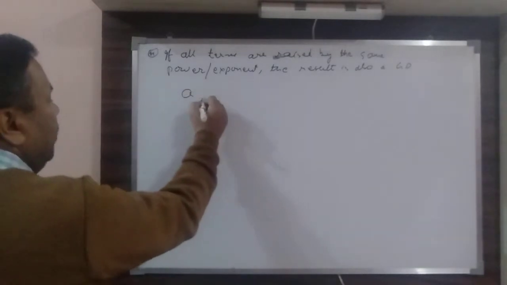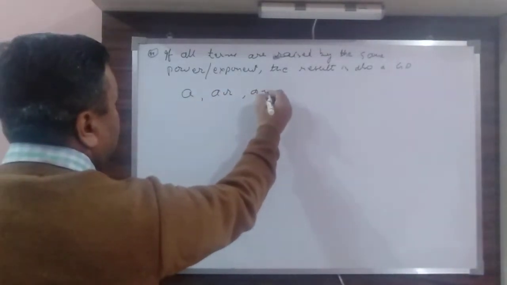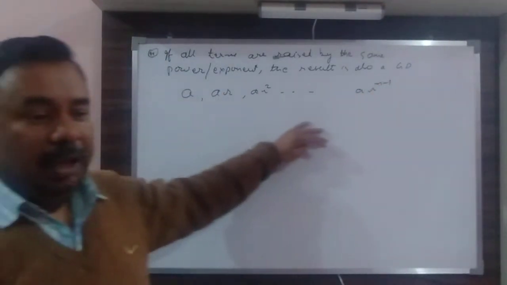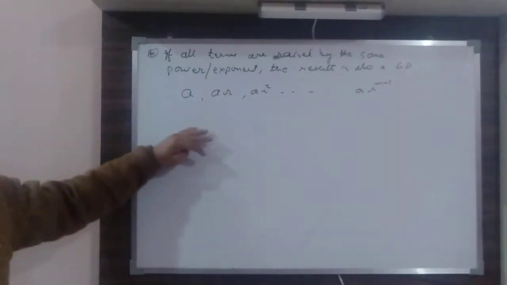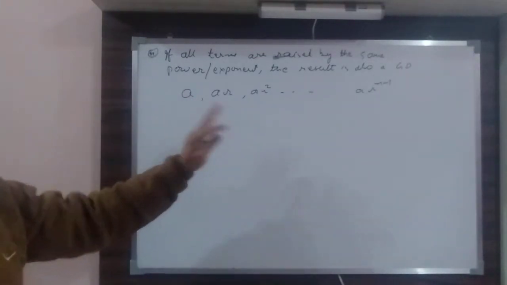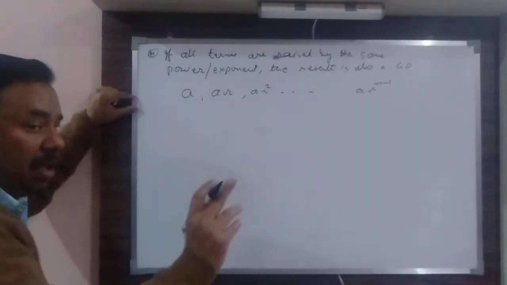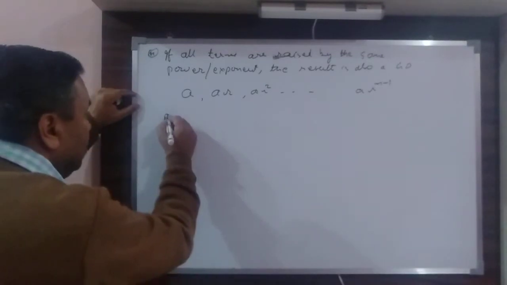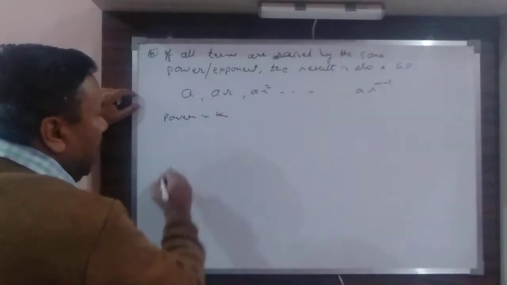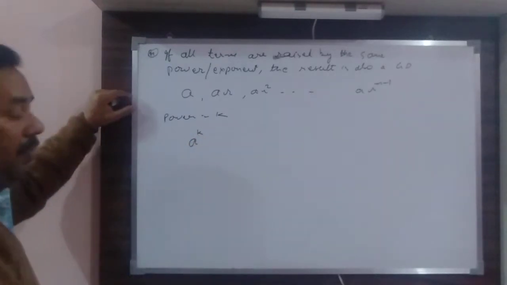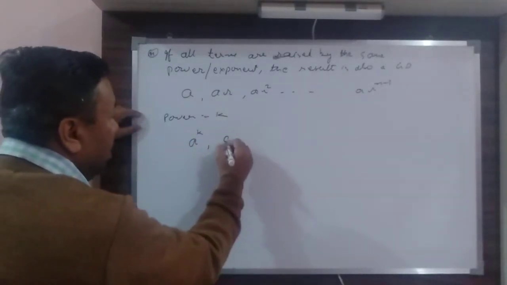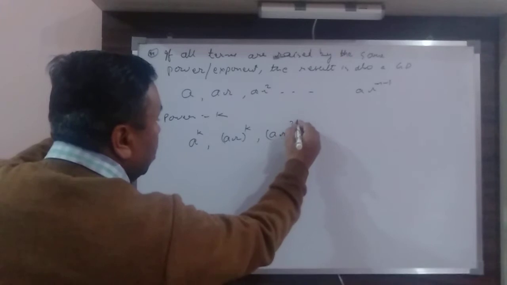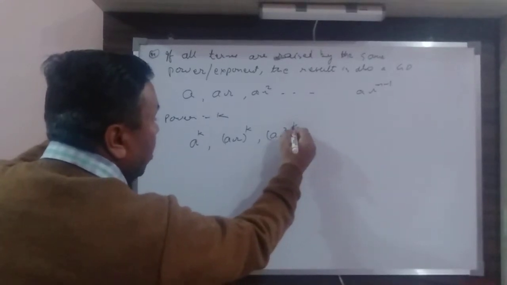If my original GP is A, AR, AR square and up to AR raised to the power n minus 1, with first term A and common ratio R, and I raise it by any constant power k, then A raised to the power k will become the first term. The second term will become AR raised to the power k, and the third term will become AR square raised to the power k.